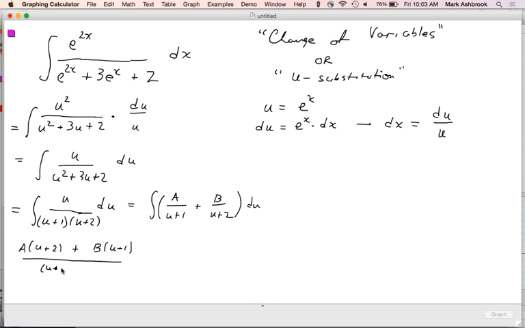I'll just write it out once here. Our original, right? So when I add those two fractions together, now I better get the original thing. Denominators agree, so all we have to do is set the numerators equal, right?